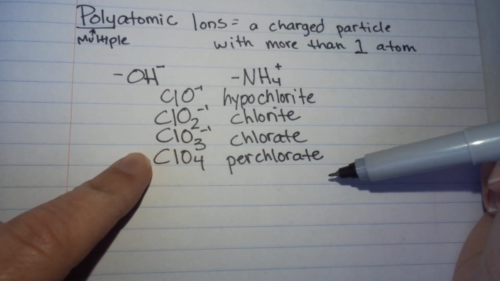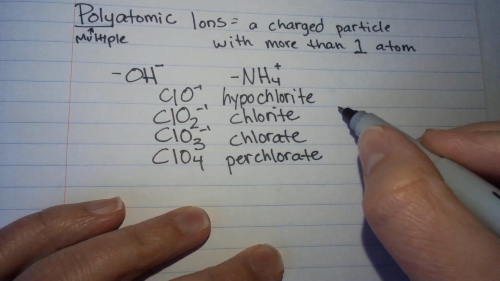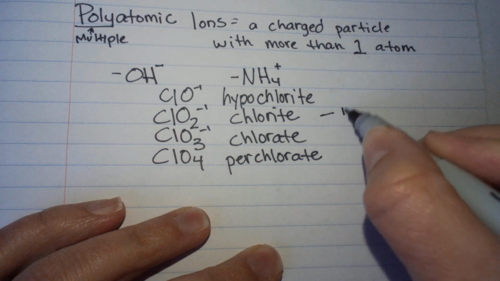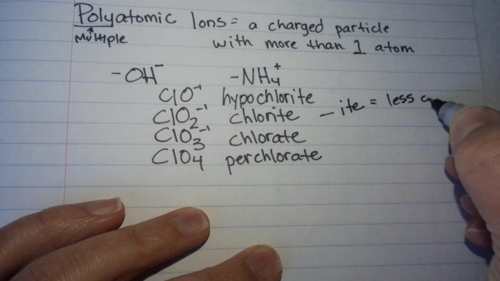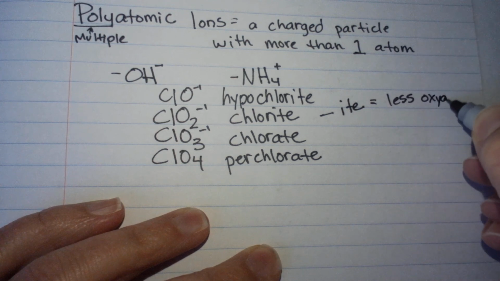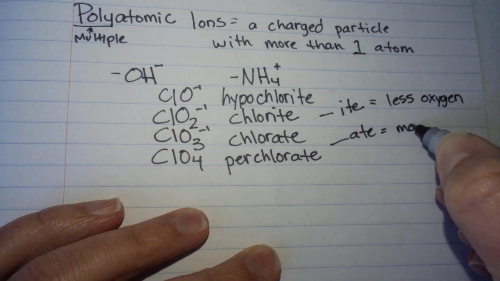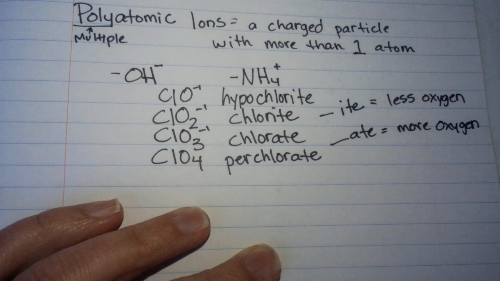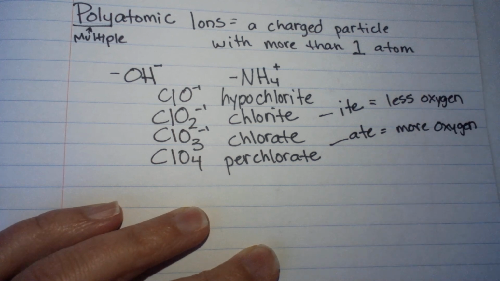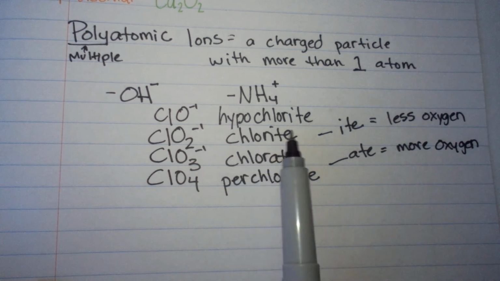There are other ions that have ites and ates at the end, but you need to know that ite is less oxygen, and ate is more oxygen. Alright, so we can see the names of these polyatomic ions.